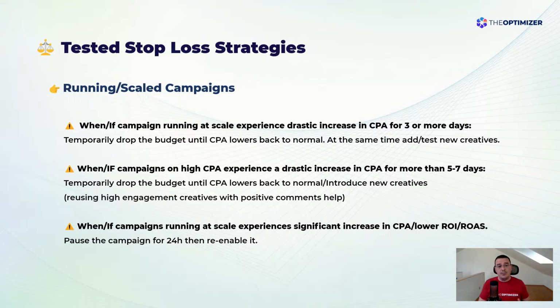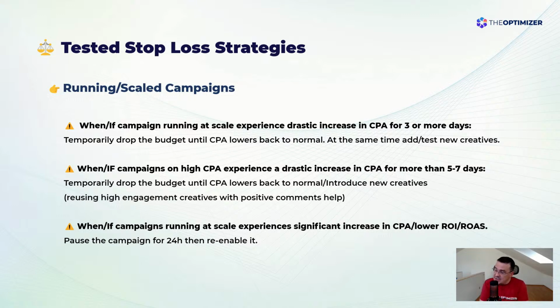Then if the campaign has 5 to 7 days in higher CPA, sometimes you may want to reuse some of your old creatives, those with high engagement and a high amount of positive comments.